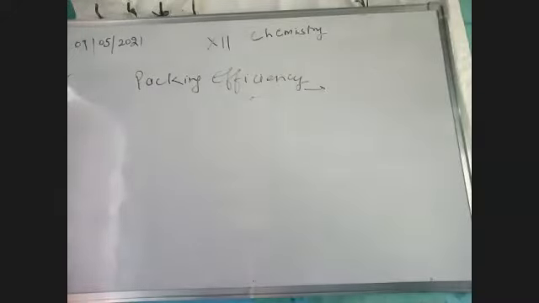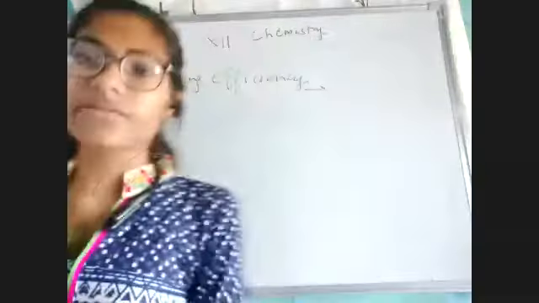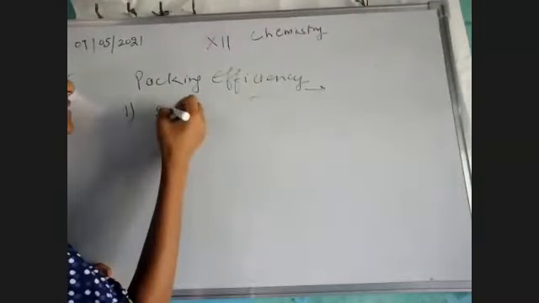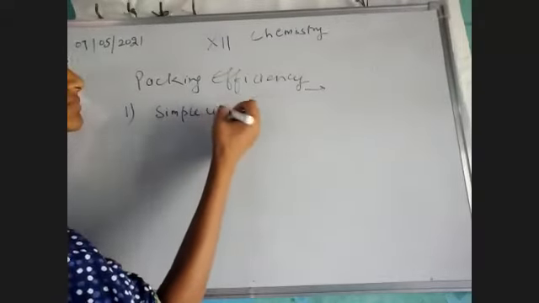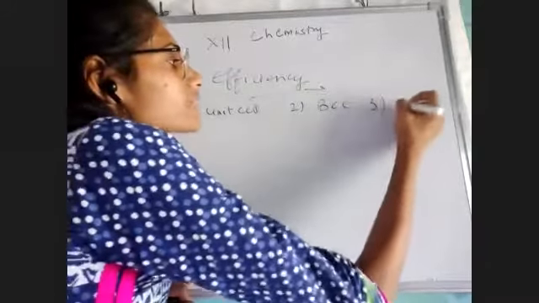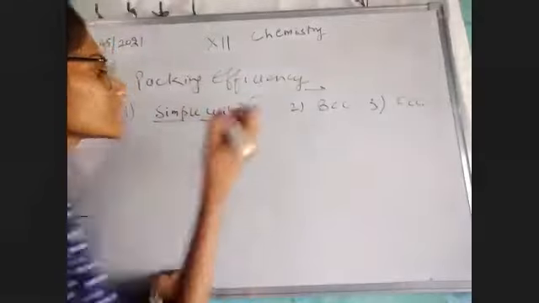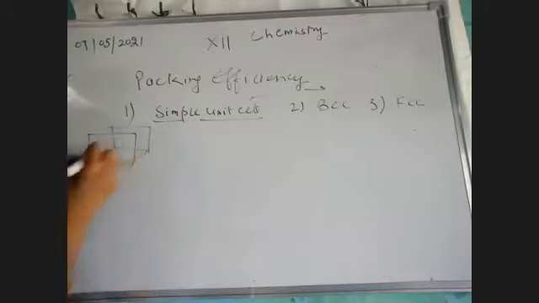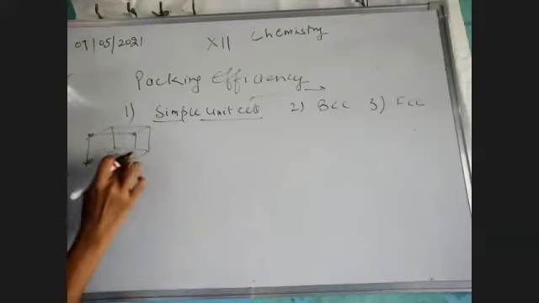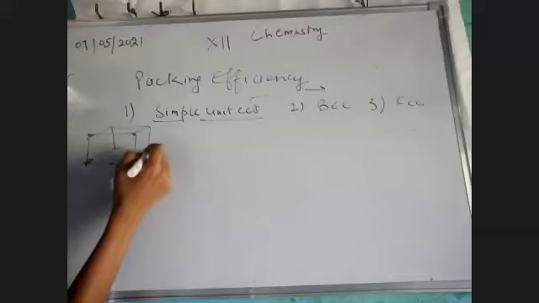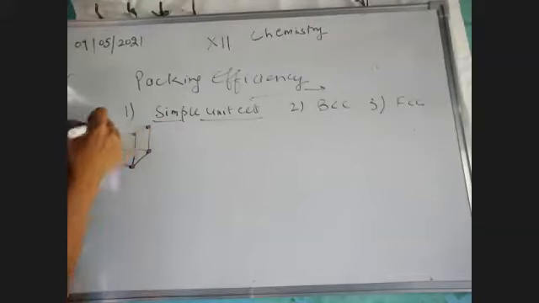Okay, so let's start. Now we have three different types of structures: the simple unit cell, the body centered, and the face centered. Let's start with the simple unit cell. You know very well that in the simple unit cell we have atoms present only at the corners.